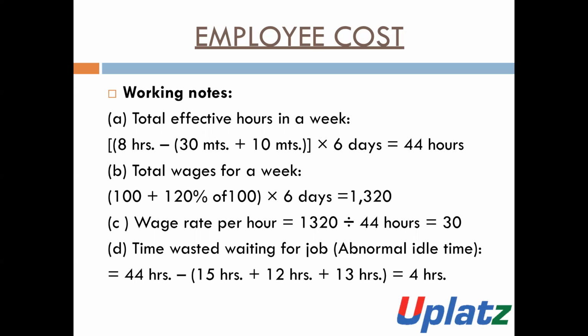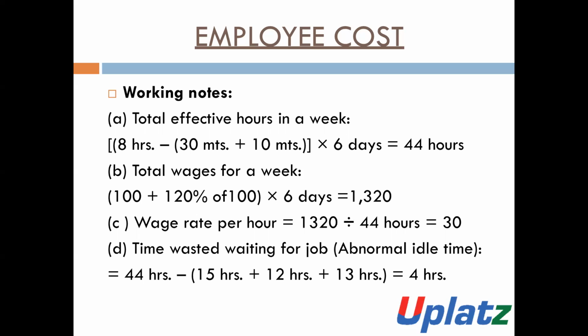Because he works 6 days in a week, the total wages for a week is 1320 rupees only. Wages rate per hour is 1320 divided by 44 effective hours, which is 30 rupees per hour.